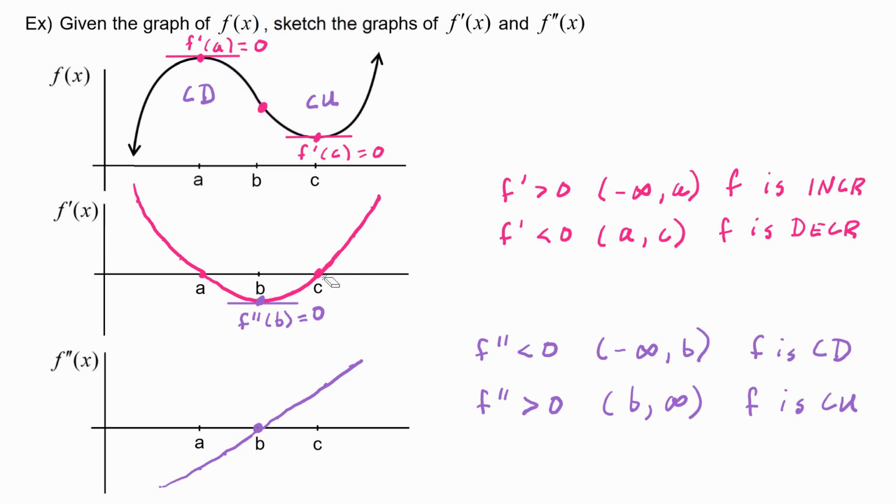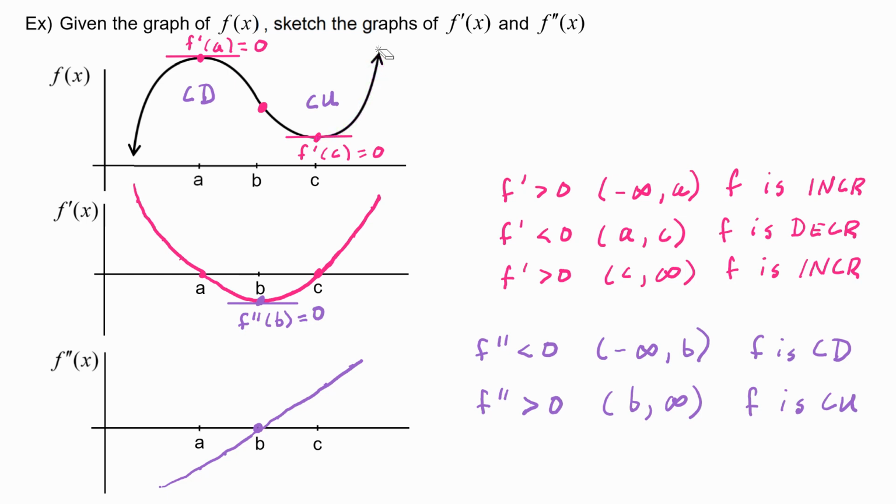And then we notice that the values of f prime are all positive from c until infinity, which means f is increasing. And when we look at the graph of f, starting from x equals c, going out to infinity, that's this part of the graph, is all increasing.